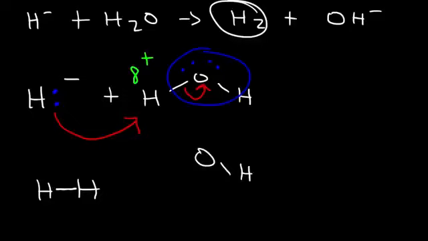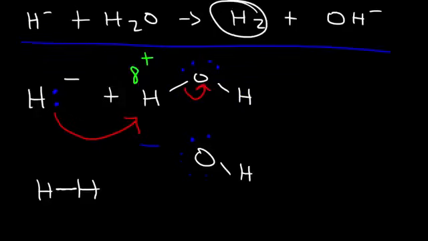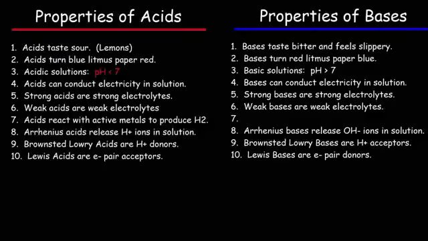So now this oxygen has 3 lone pairs instead of 2. And so that's the mechanism for this reaction. So whenever you add hydride or oxide to water, it causes the solution to become basic. It produces hydroxide ions.